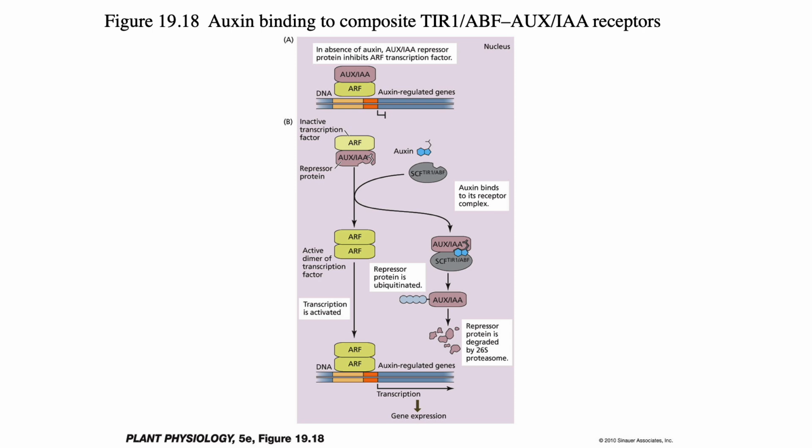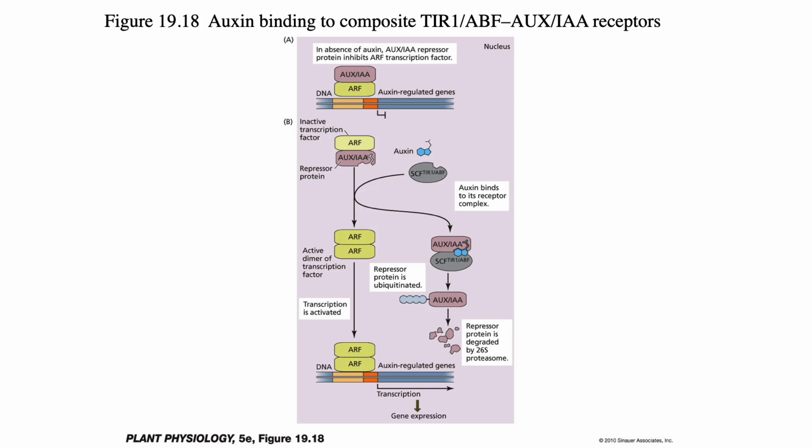ARF is a transcription factor that, when bound by an AUX-IAA protein, forms a complex that represses ARF so that it cannot activate gene expression. In this figure, you can see a blue structural model of auxin, which can bind to its TIR1 receptor.